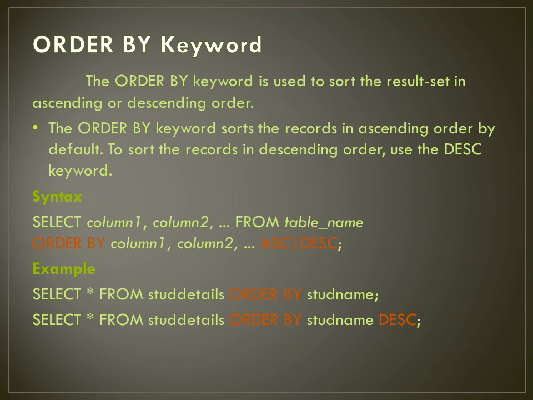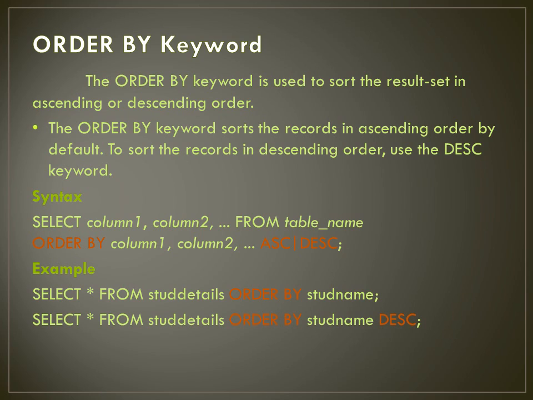Order by keyword. The order by keyword is used to sort the result set in ascending or descending order. By default, it orders the records in ascending order. If we want to sort the records in descending order, we can use the DESC keyword. Let's see the syntax for this. Select column 1, column 2, etc. from table name. Order by column 1, column 2, etc. ASC or DESC.